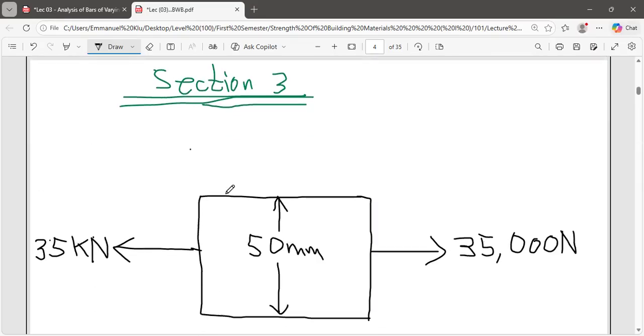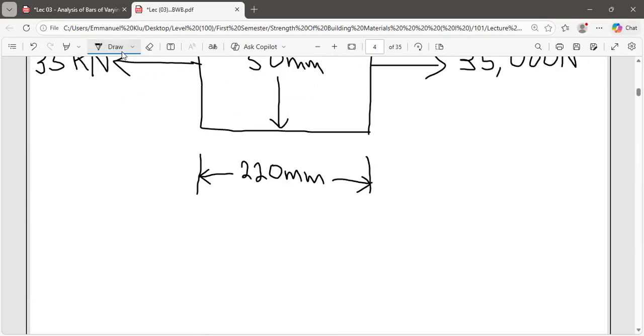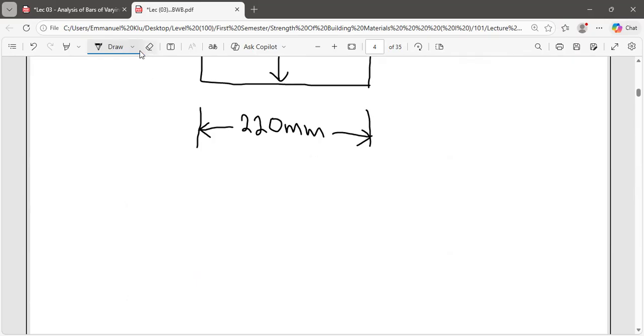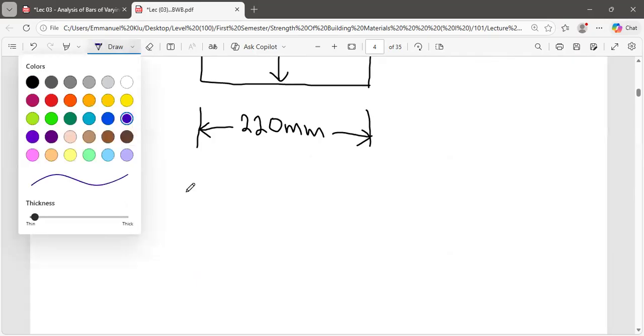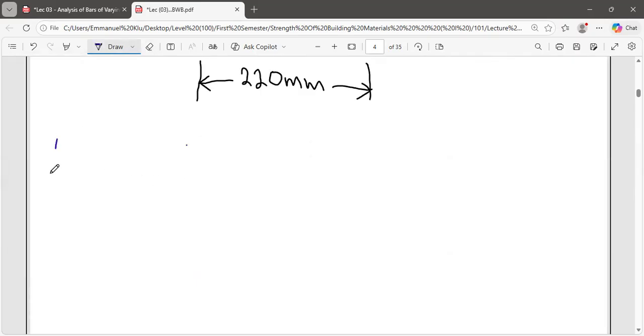Okay. So from here, what do we do next? We just put down the formula for our stress. I even feel like we can calculate for the area to avoid any form of issue. So we know that the area is equal to pi d squared over 4.